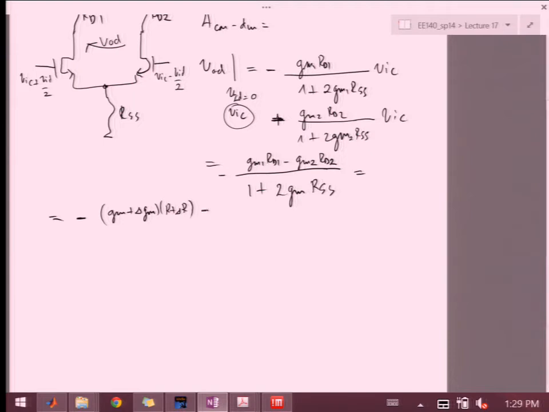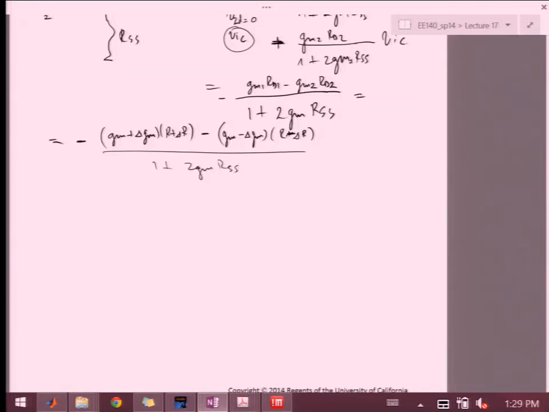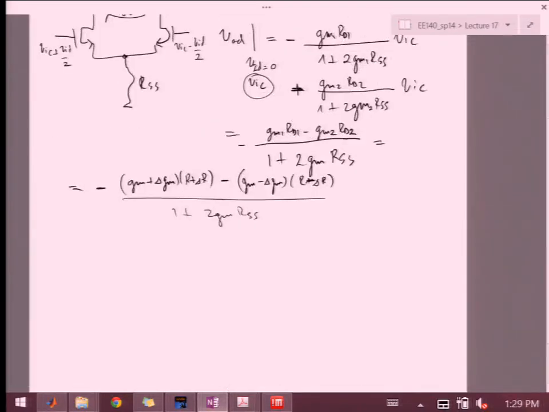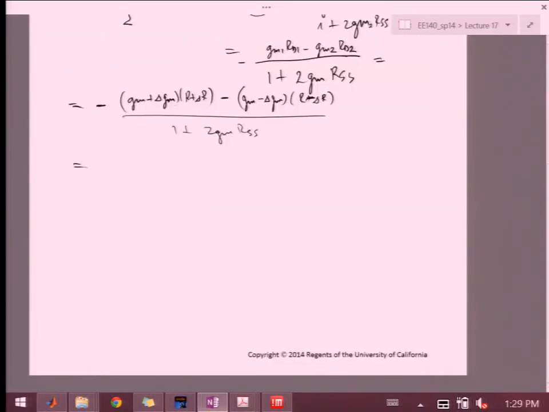And on another side, I have minus GM minus delta GM times R minus delta R. So if you multiply this up and cancel out the second order terms, which are, for example, delta R times delta GM, that's too small, what you get is something like this.